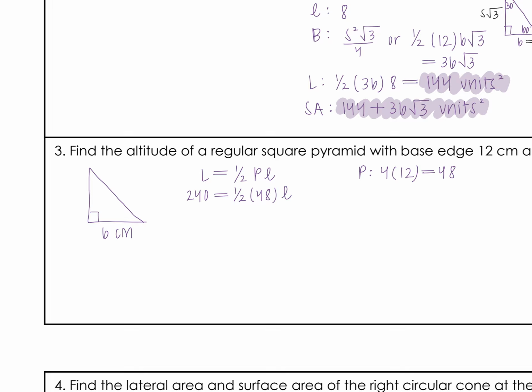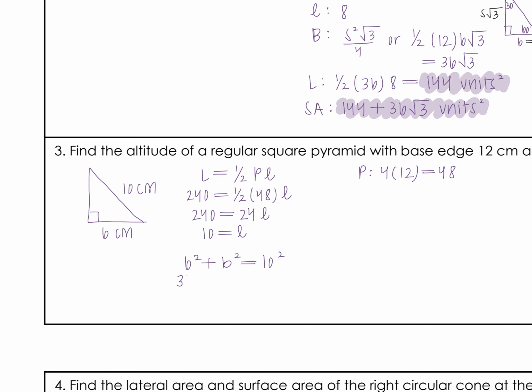So here, if we simplify, we get that 240 is equal to 24 times my slant height. And when you divide, you'll be left with 10 for your slant height. And now I can find my altitude by using the Pythagorean theorem. So I'm going to take 6 squared plus b squared is equal to 10 squared.